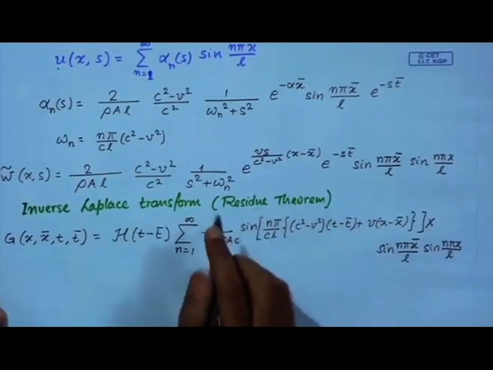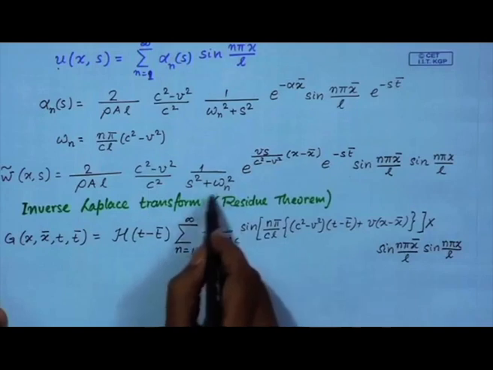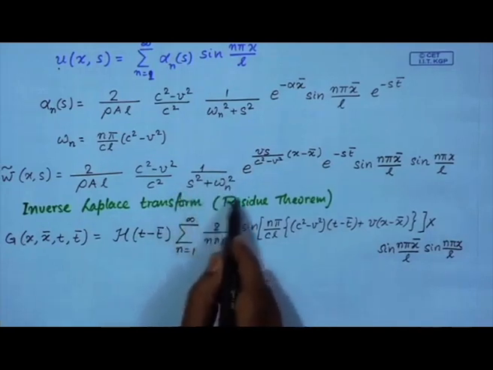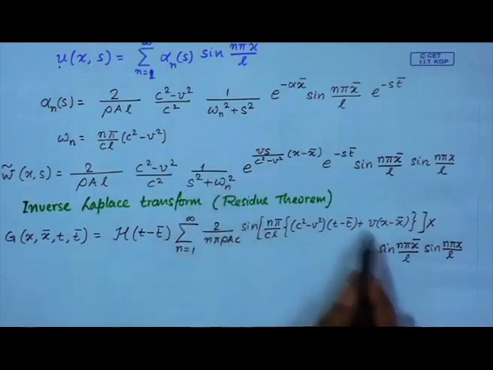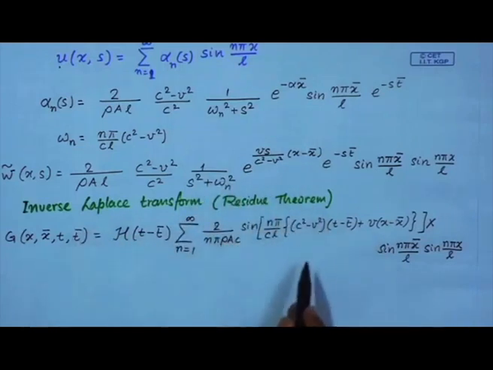Use residue theorem to invert the Laplace transform. Here it has got simple poles at plus minus i omega n. So, once you do the inverse Laplace transform, we can easily obtain this expression here.